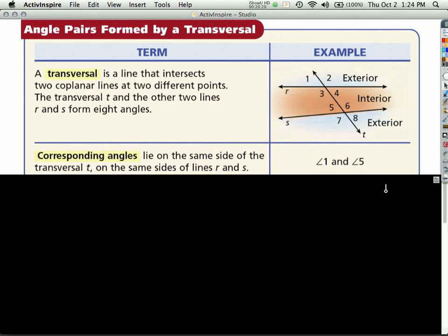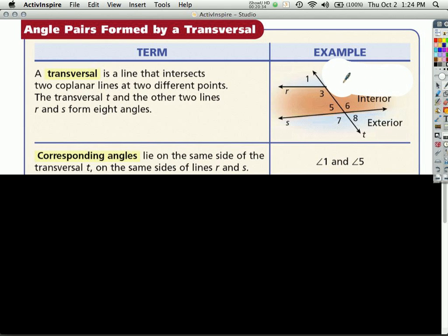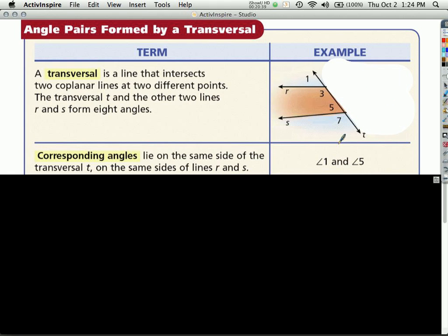Corresponding angles are a pair of angles that are on the same side of the transversal. So when I say on the same side, I am referring to that's all on the same side.